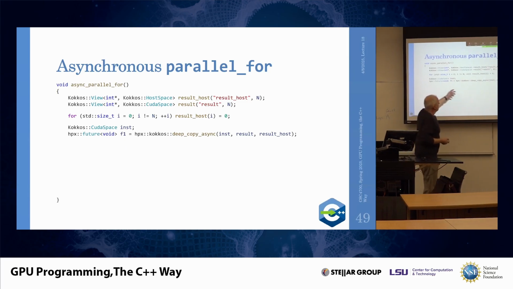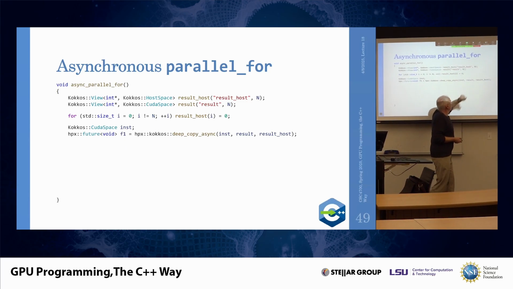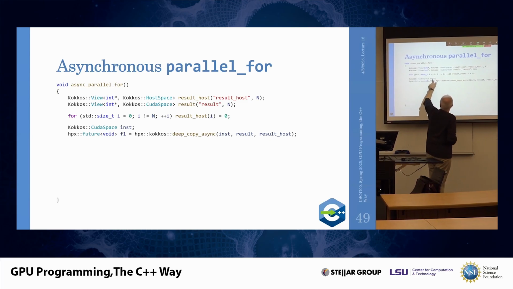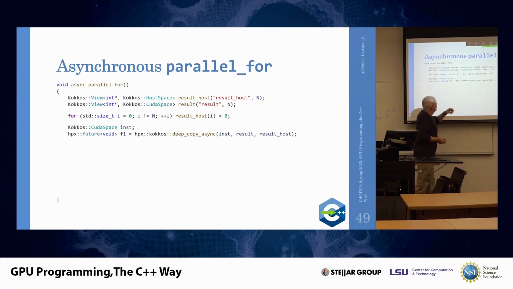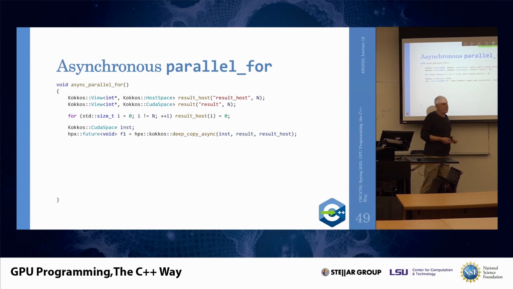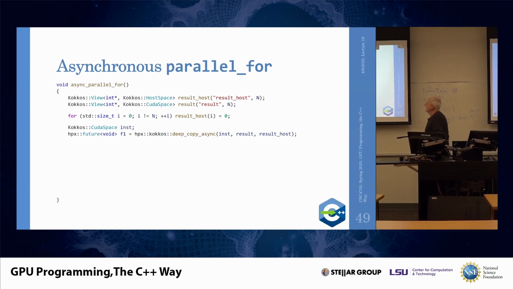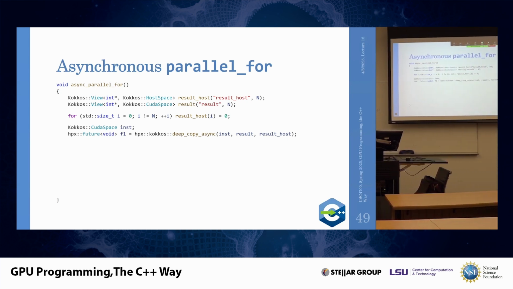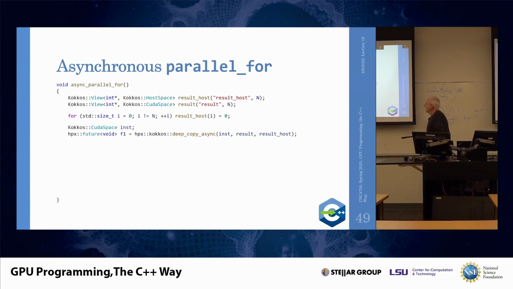We copy things over from the host to the device using this execution space by just saying, OK, do it here. And we use a new function, deep copy async, which instead of waiting to finish the operation, will come back immediately and give you a future, which is good.